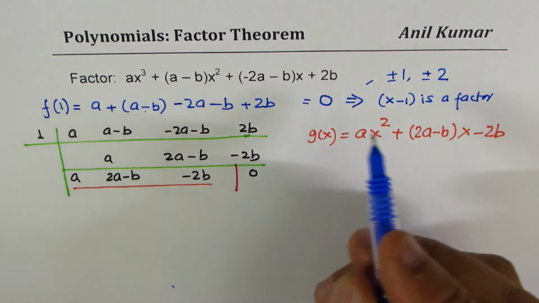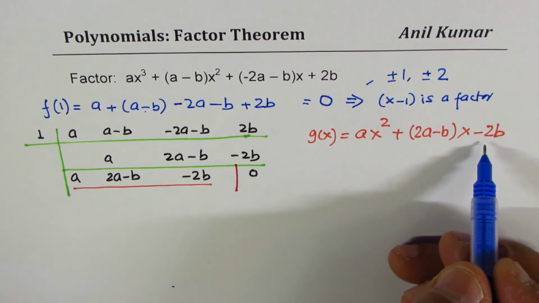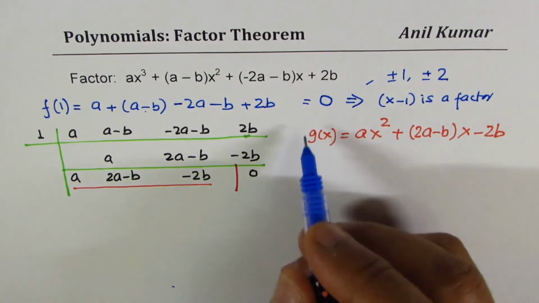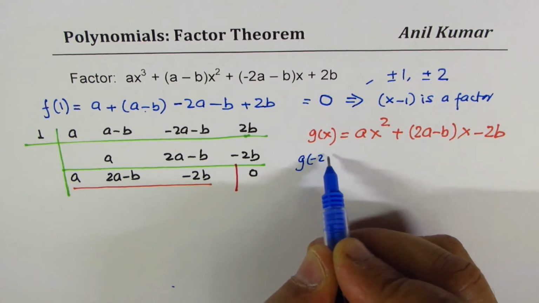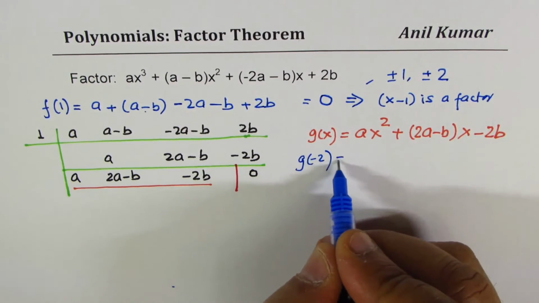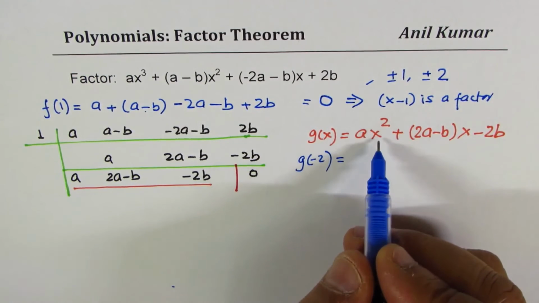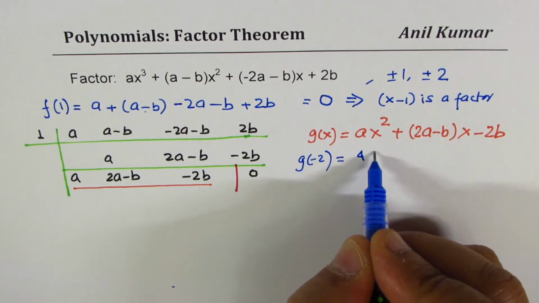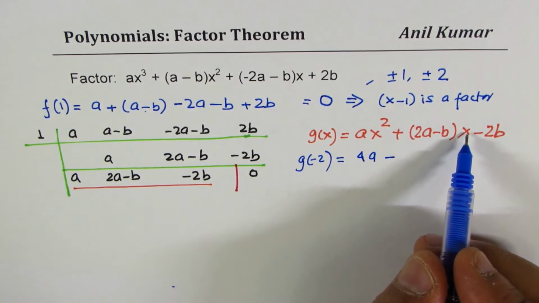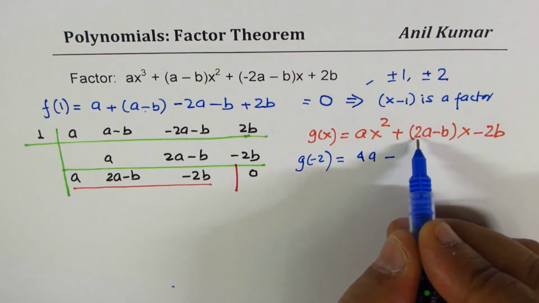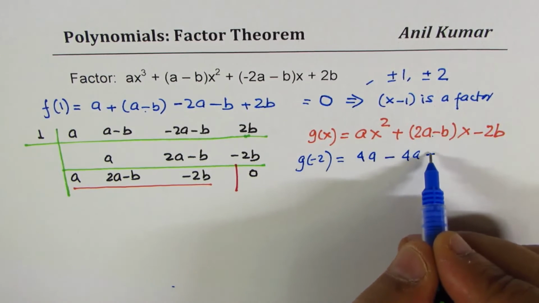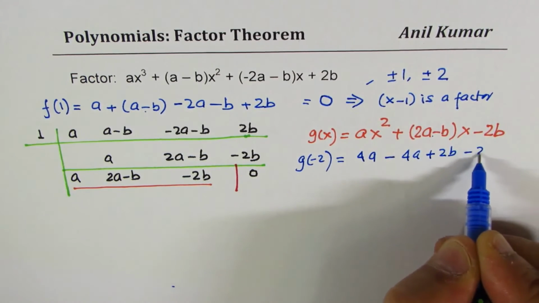So let's try some more values. When you try values, you could try plus minus 2. Let's try g of minus 2, right? So if I write g of minus 2, what do I get? Minus 2 for x, I get 4a here, and if I open the bracket, I get minus 4a plus, minus 2 times 2b gives plus 2b, and minus 2b.